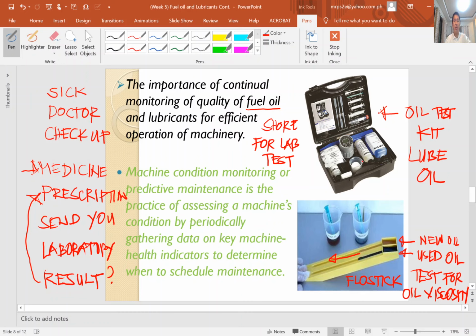We analyze the oil for the condition of our machinery, and we analyze also the condition of our machinery by analyzing the oil of the engine. So we are like a doctor.